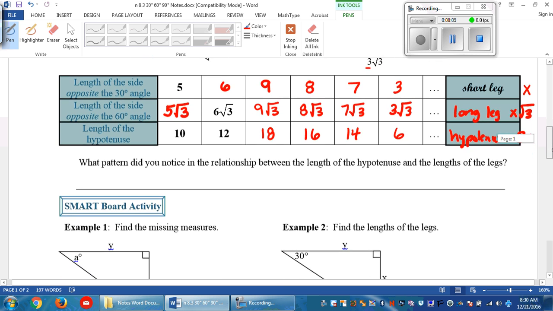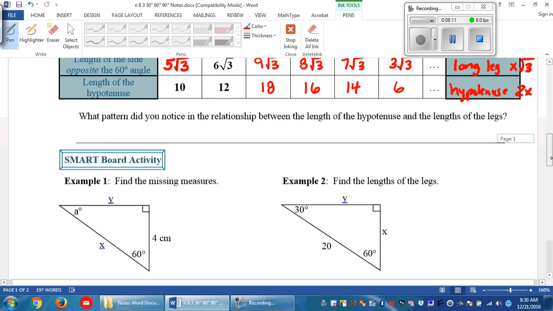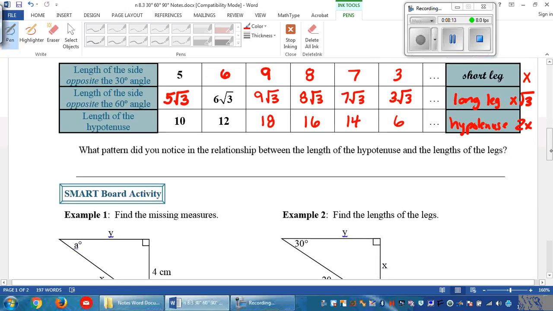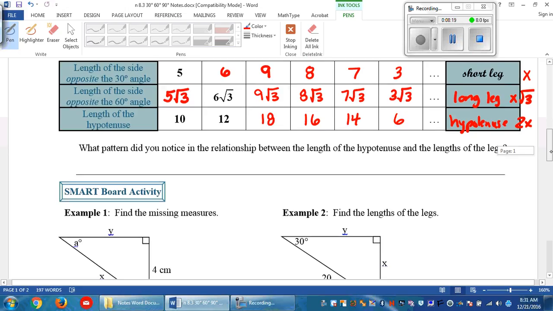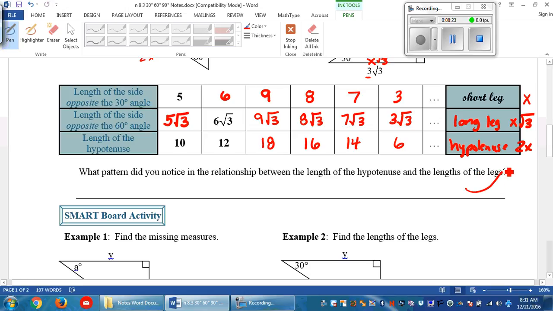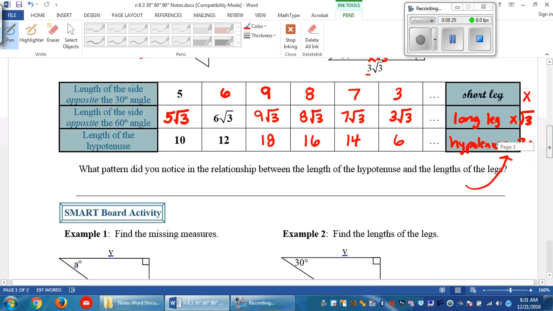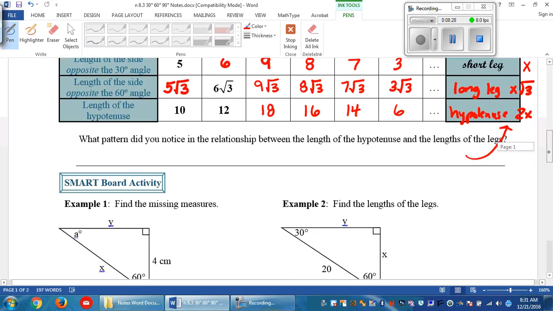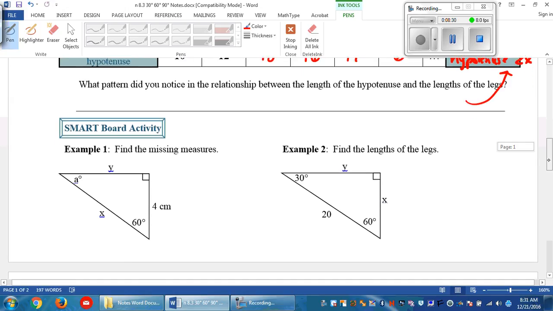It just helps you, and these are exact values when you are doing it that way. Okay. So there's your relationship right here. So short leg is x, the long leg is x root 3, the hypotenuse is 2x.